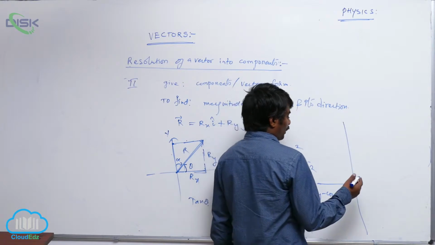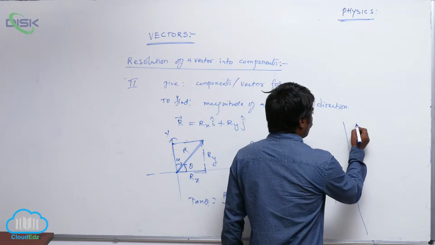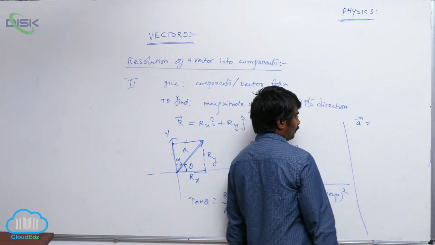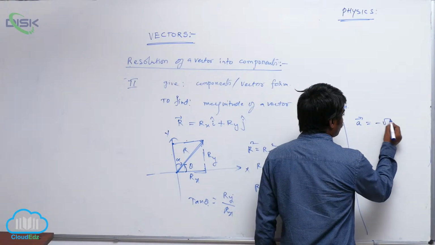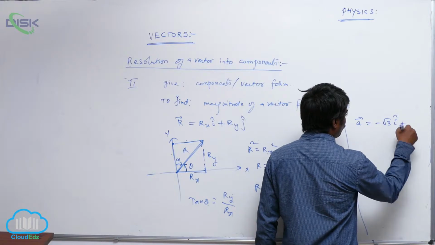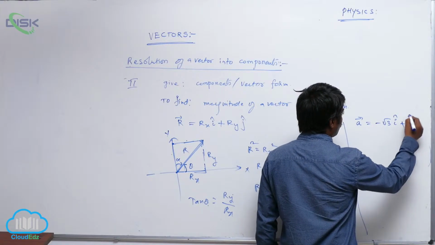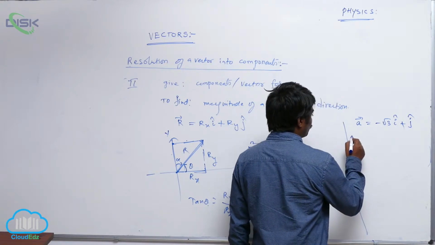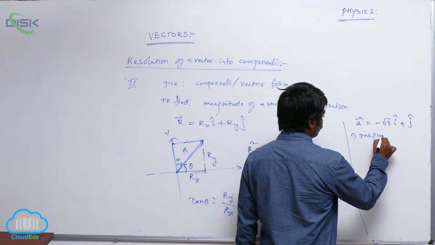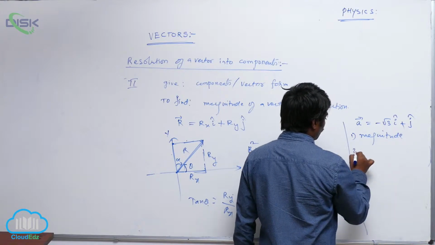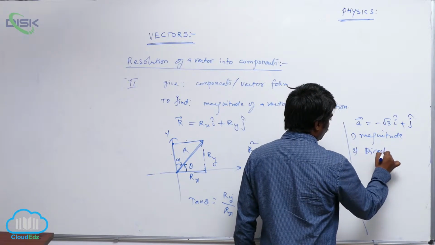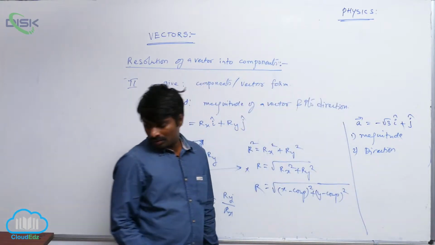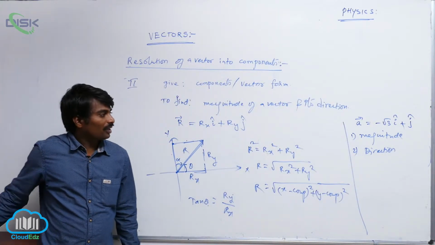See here, the vector a bar is equal to minus root 3 i cap plus j cap. Now let us calculate the magnitude of a vector, and the second one is direction of this vector. How to calculate the magnitude?